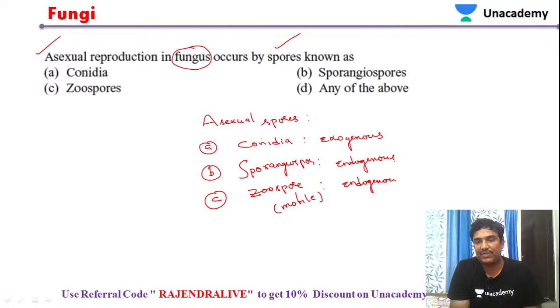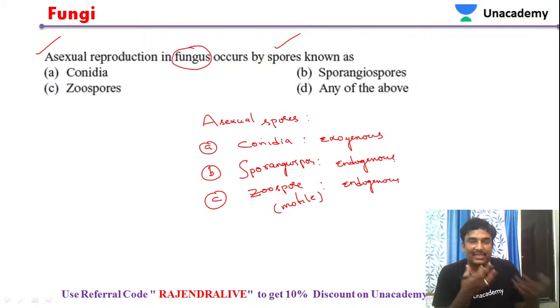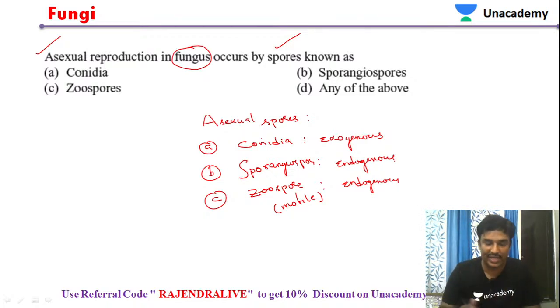You have to remember this: the asexual spore which is endogenous and motile is zoospore. The asexual spore which is endogenous and non-motile is sporangiospore, and the asexual spore which is exogenous, the one and only best example, is conidia.